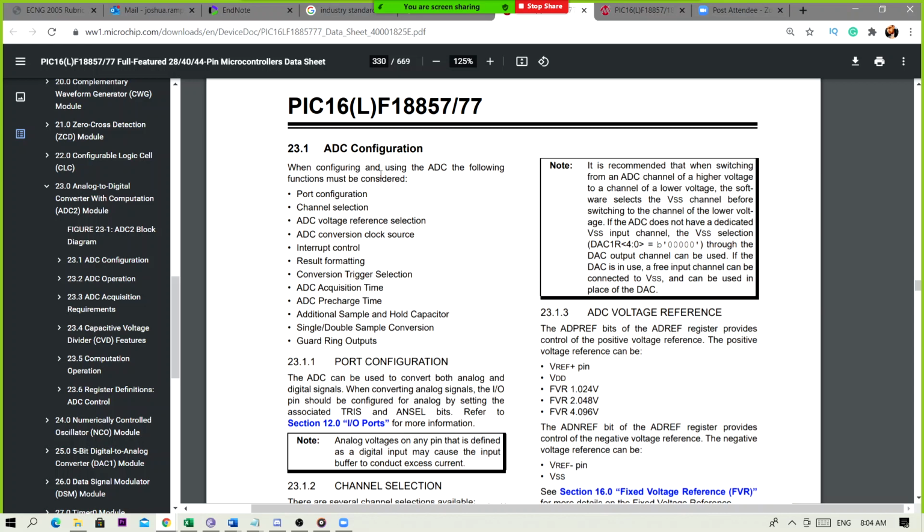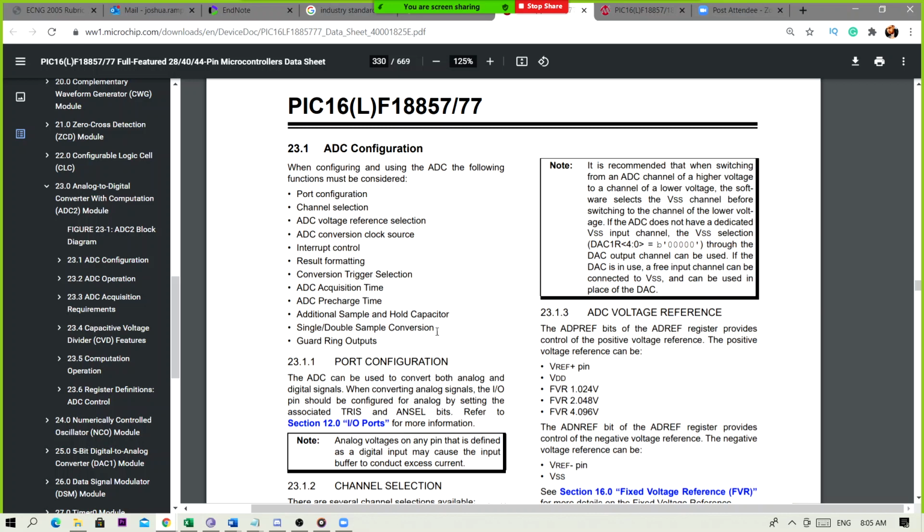When configuring and using the ADC, the following functions must be considered: port configuration, channel selection, ADC voltage reference selection, ADC conversion clock source, interrupt control, result formatting, conversion trigger selection, ADC acquisition time, ADC recharge time, additional sample and hold capacitors, single/double sample conversions, and so on. Now we don't need all of these options, but those are all the options they're going to explain to you here.